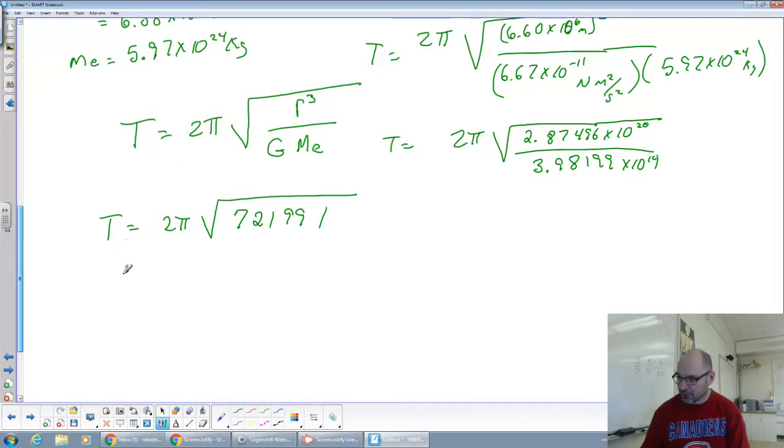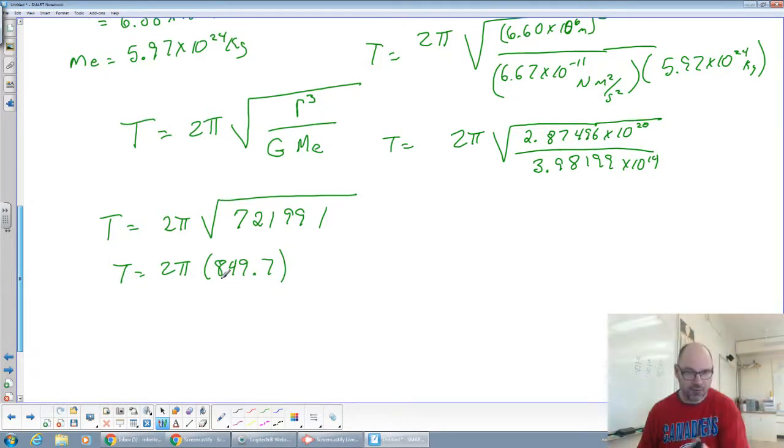So we get T equals 2 pi times 849.7. I'm keeping it on my calculator as I do this. Times 2 times pi, which I have a pi button for on my calculator.